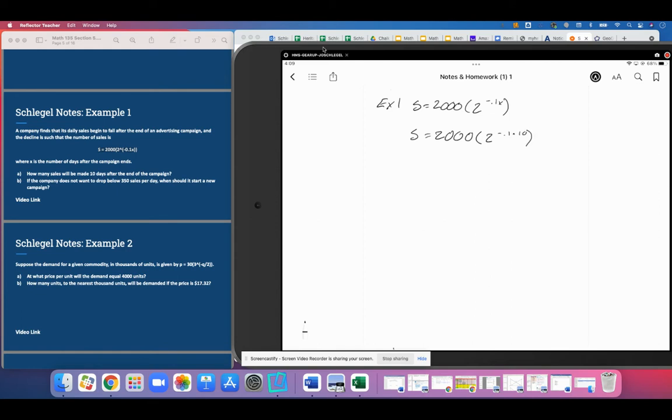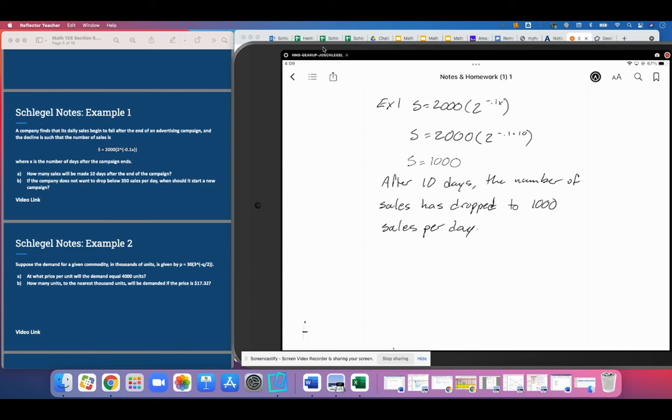In Wolfram, we ended up with S equals 1,000. So after 10 days, the number of sales has dropped to 1,000 sales per day.